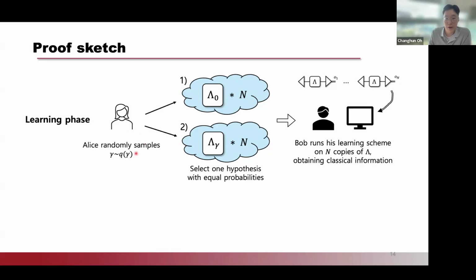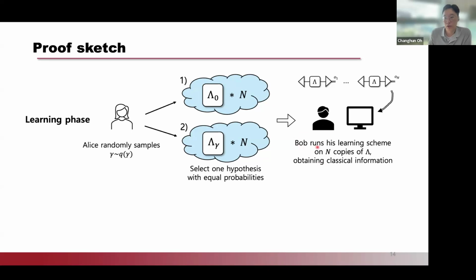Or Alice really follows this gamma and chooses this 3-peak channel with n copies, and then she gives them to Bob. Then Bob now has to distinguish these two hypotheses using his learning scheme.